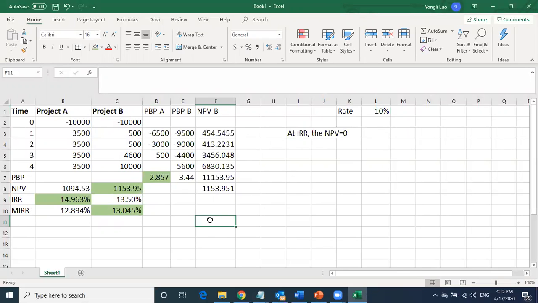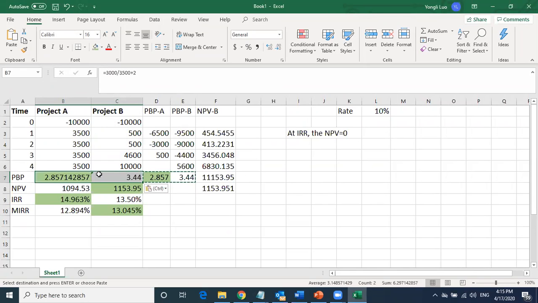You might be curious: different methods can lead to different decisions, depending on which method you use. We do this to show you how to use different methods to make the capital budgeting decision.